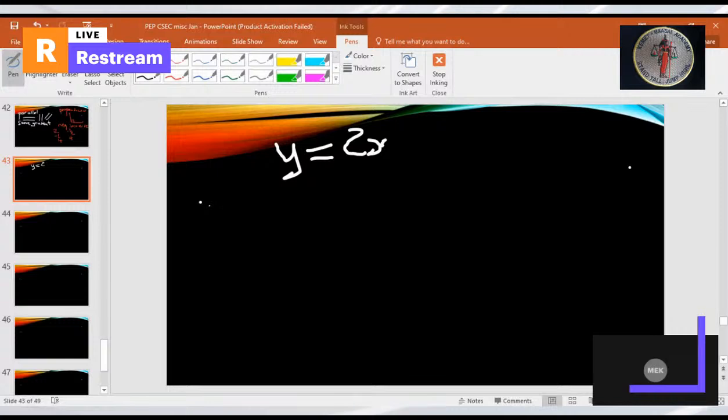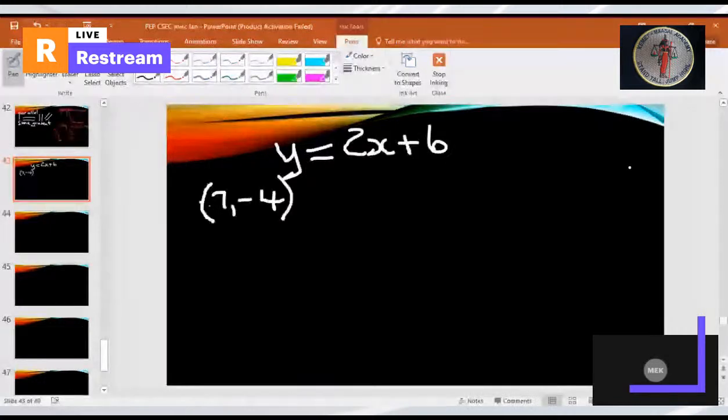Let's say there's a point along that other line, (7, 4). What is the equation of that line?